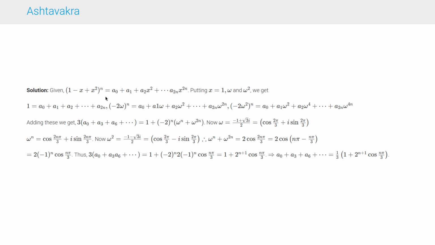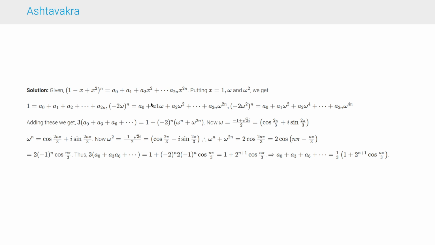So to solve this problem, we put x is equal to 1, omega and omega cube in the given equation, that is this equation. So when we put 1, the left hand side becomes 1, because 1 - 1 + 1² is equal to 1, and the right hand side becomes a0 + a1 + a2 up to a2n.